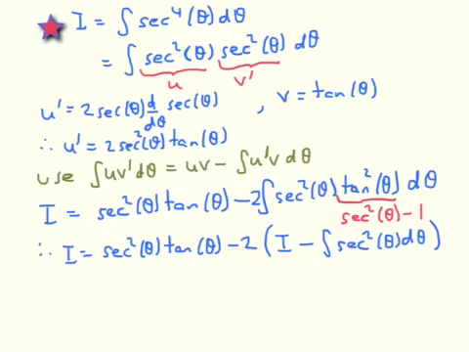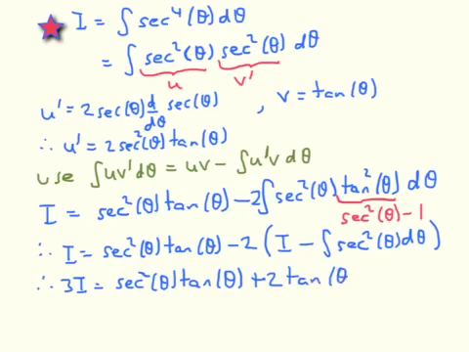So now we have minus 2 times the original integral, so I can bring it over to here. I'm adding 2 times the original integral to both sides, so we're going to get that 3 times the original integral is sec squared theta tan theta. Then we have minus 2 times minus is going to give us overall plus 2. And now we have the integral of sec squared theta, and the integral of sec squared theta is just the tangent of theta.